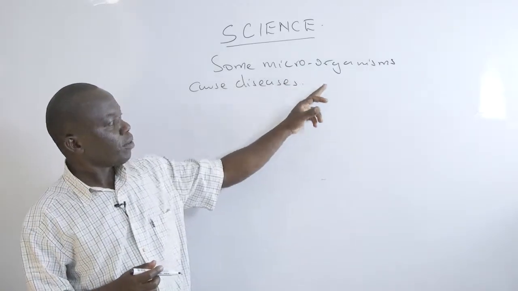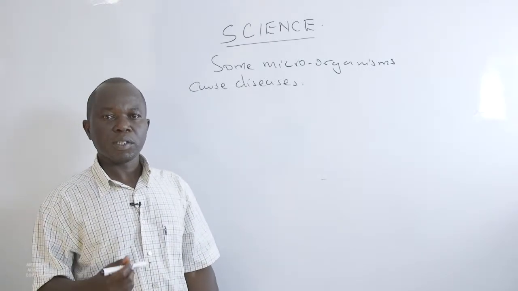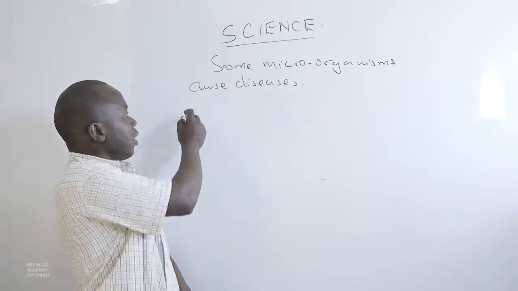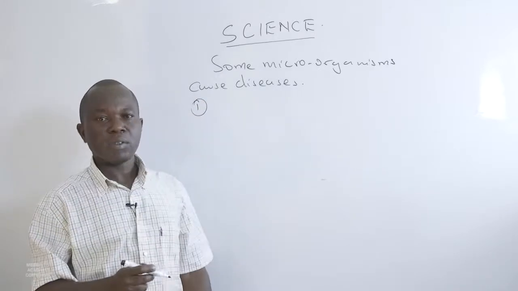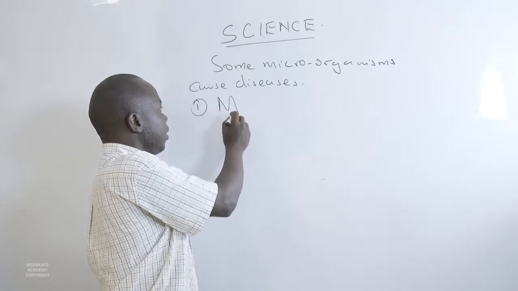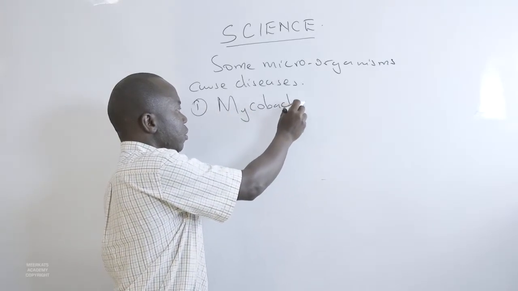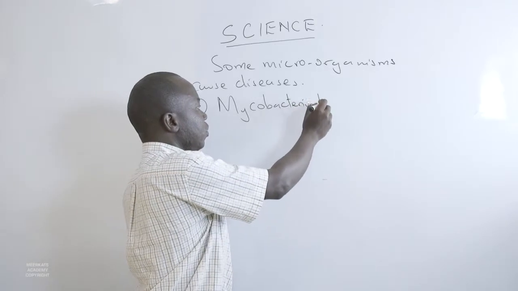We'll find out some of the microorganisms and, if possible, be able to mention some of the diseases that are caused by those microorganisms. Now, for example, we may remember we had Mycobacterium tuberculosis.